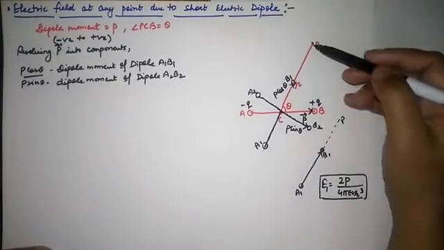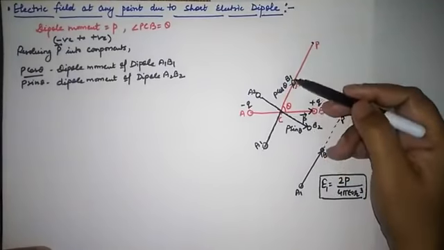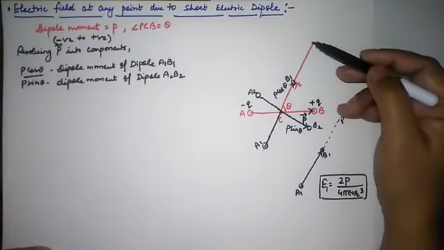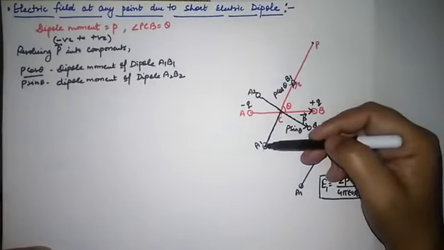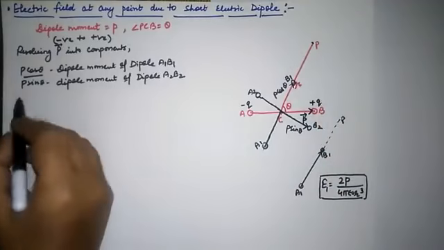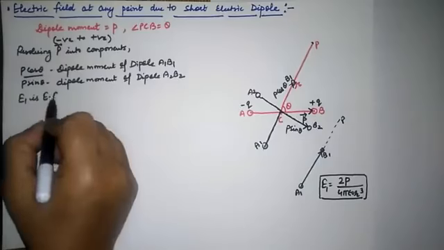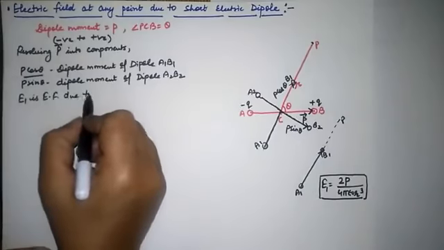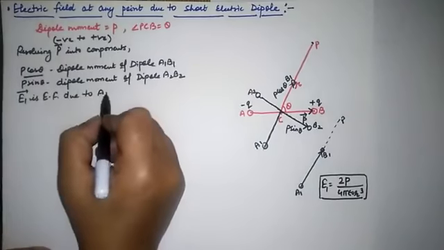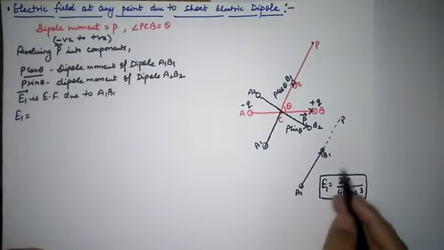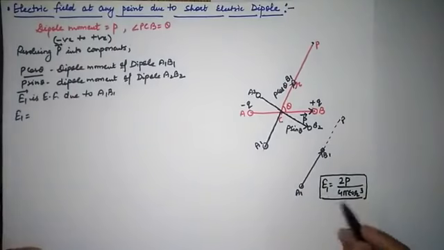So suppose E1 is the electric field due to A1 B1.